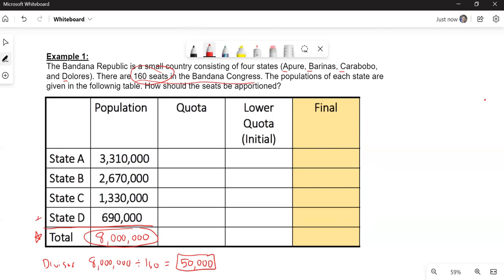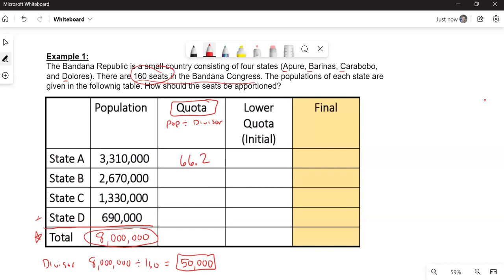So what we'll then do is we'll take that divisor and we'll figure out what is the quota for each state by dividing this divisor into the state's population. So this quota right here, we'll take the population of each state divided by the divisor that I just made up. So in the first line, it's 3,310,000 divided by the 50,000. It's a lot of calculator work, and I'm getting 66.2.